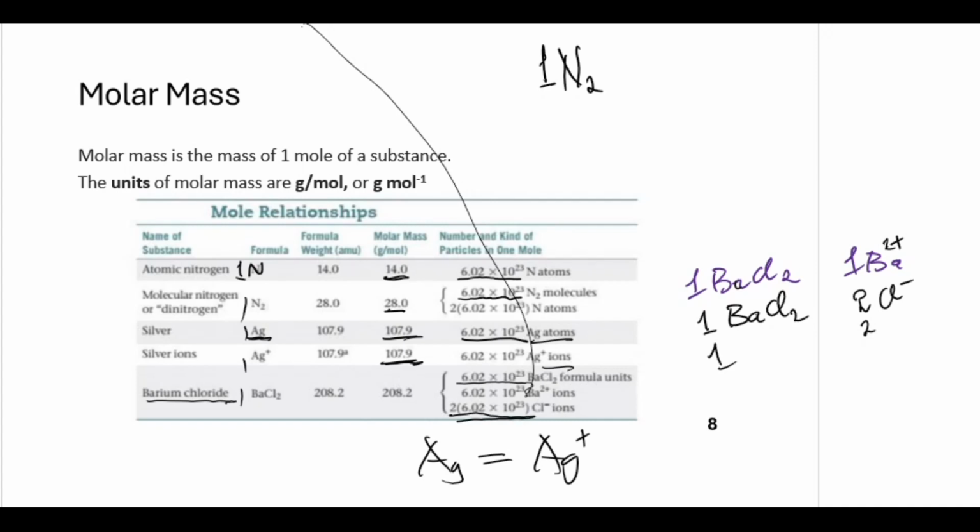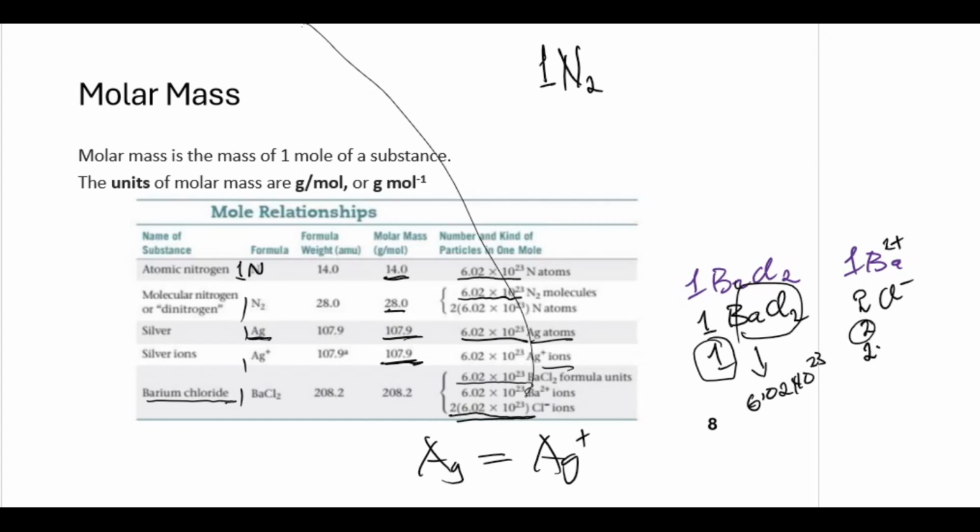So when you have this, if you convert this mole to number of atoms, this is going to be 6.02 times 10 to the power of 23 particles of barium chloride. But if you want to count that in terms of chloride, since the ratio of the particles of barium chloride to the chlorides inside that particle is 1 to 2, how many chloride ions do you have there?